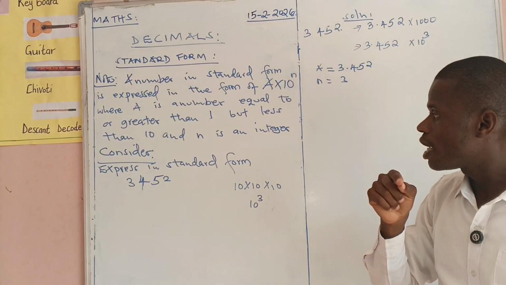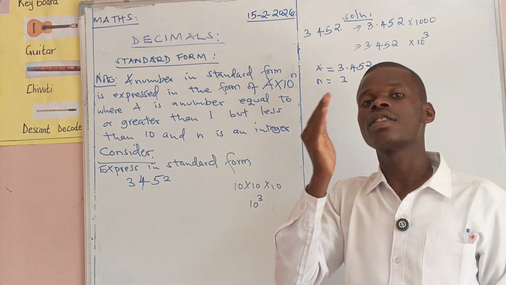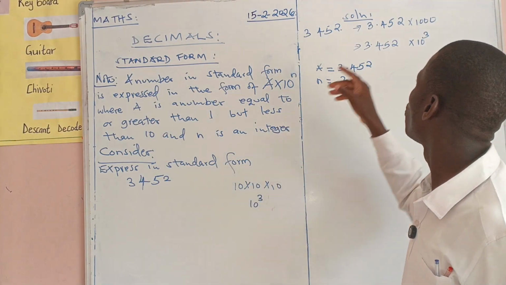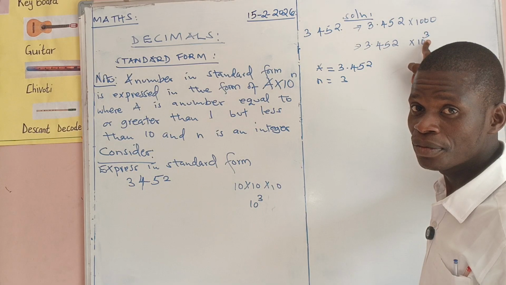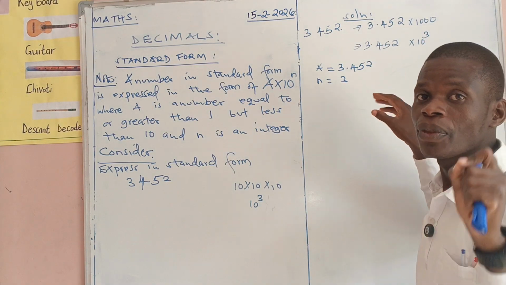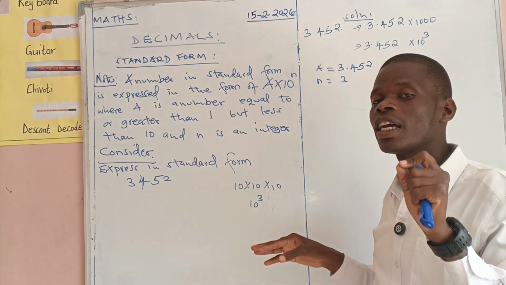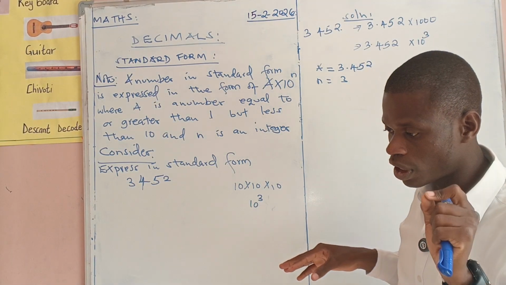So you need to understand that when expressing a number greater than 10 in standard form, the power of 10 will always be positive. When expressing a number greater than 10 in standard form, the power of 10 is always positive. Note that.